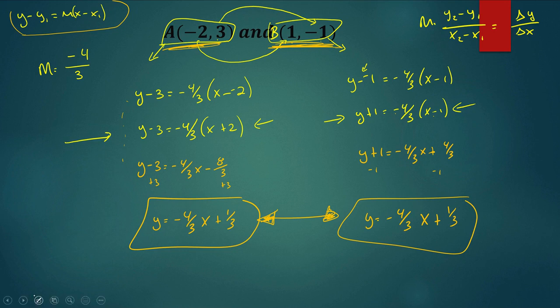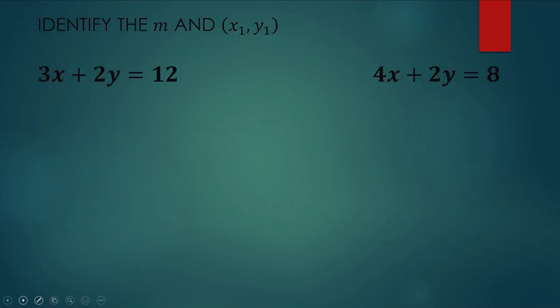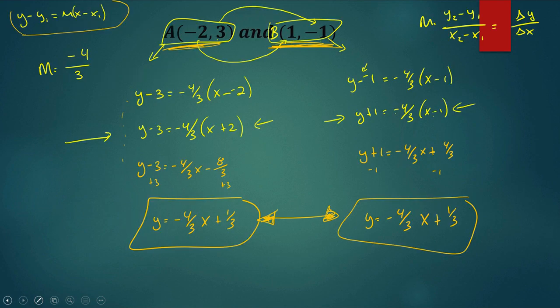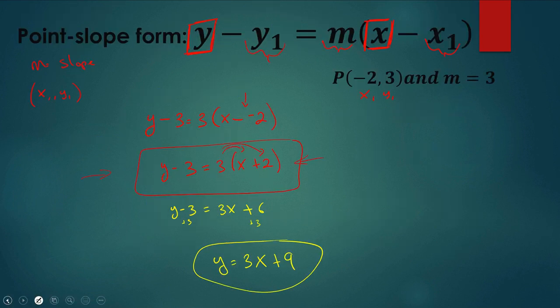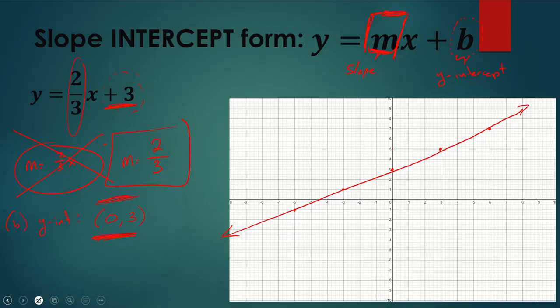Okay. Moving on. So, just kidding, back up. For point slope form equations, we can easily find the slope because it's there. And the same for slope intercept form because the slope is there.